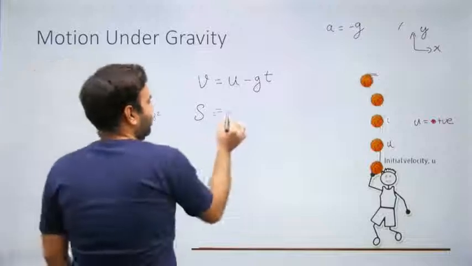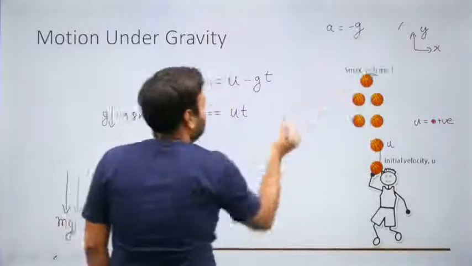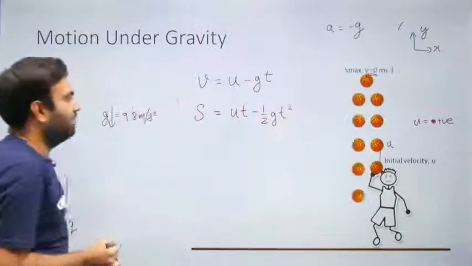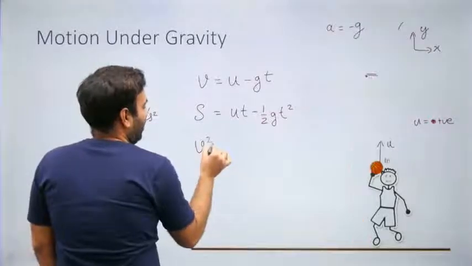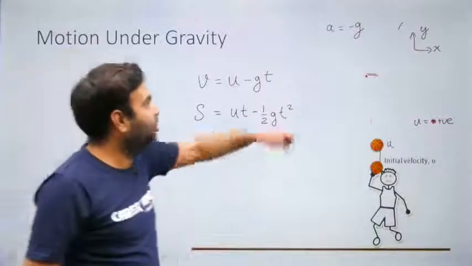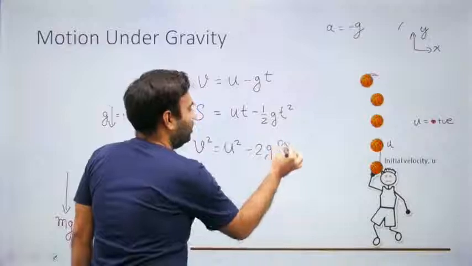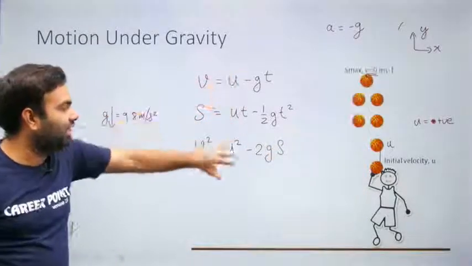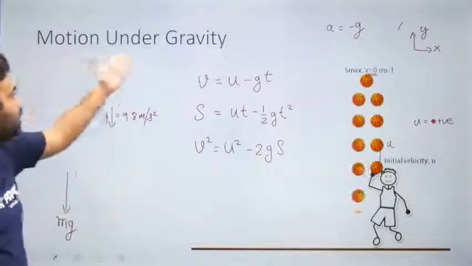So s is equal to ut plus half at square, a is equal to minus g, so s equals ut minus half g t square. Then the third equation of motion, v square is equal to u square plus 2as. Put a is equal to minus g, and this will be v square equals u square minus 2gs. You can also write h instead of s. So these are the three equations of motion modified for motion under gravity.